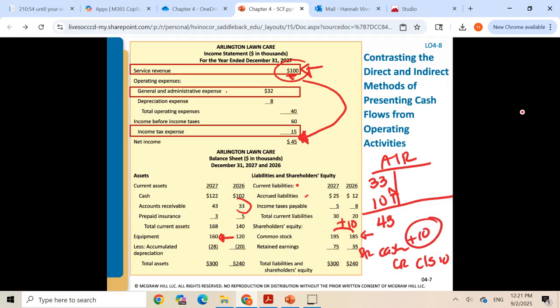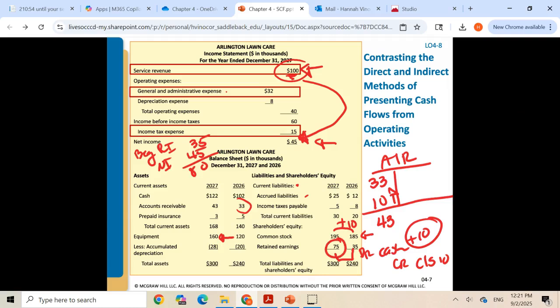To figure out our dividends paid, we have to look at our retained earnings. We started with 35. Don't forget that increases by 45 for your net income, right? Because our beginning retained earnings is 35 plus net income of 45. That gives us a subtotal of 80.